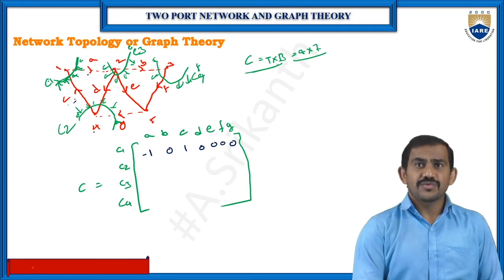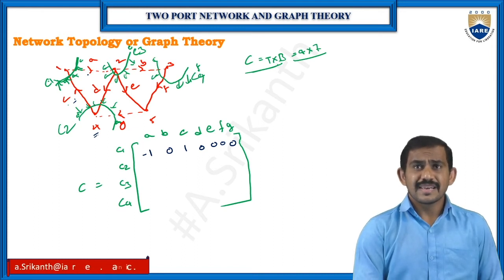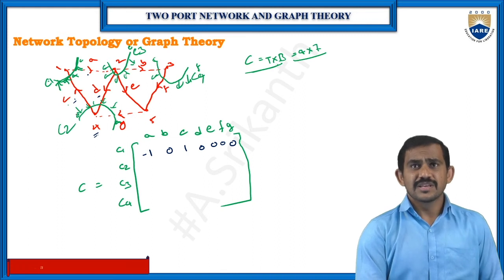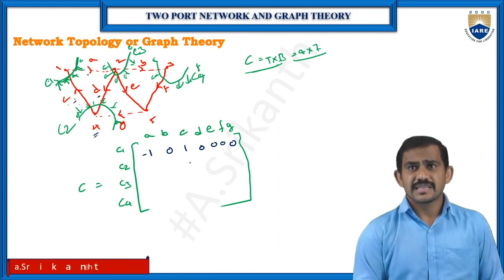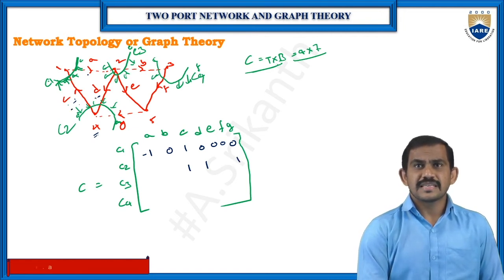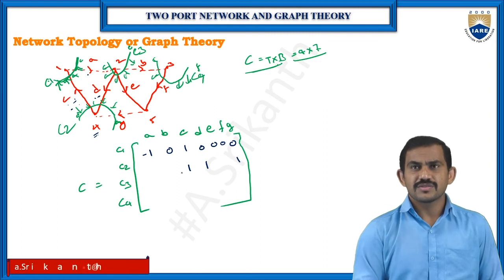Coming to the 4th node, I have incoming currents again. I am using the D branch, so incoming currents. Here the node is connected to C, D and G. At the 4th node I have C, D, G. C is outgoing, so -1. D is incoming, so +1.